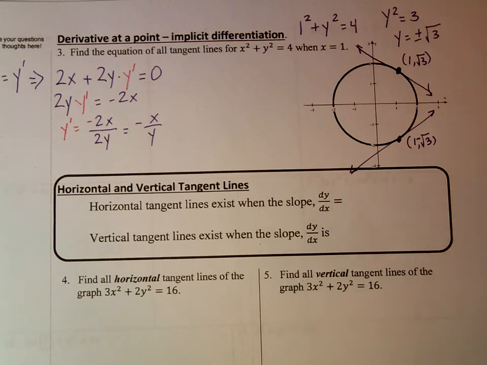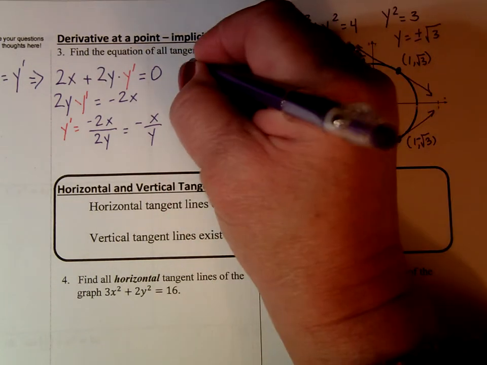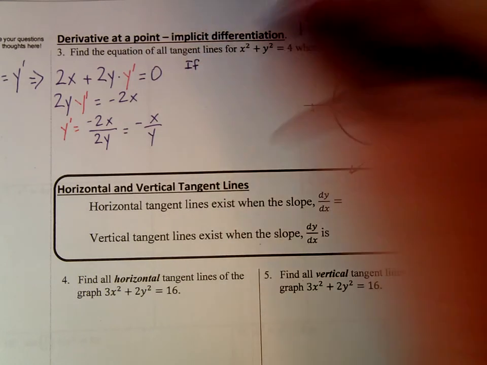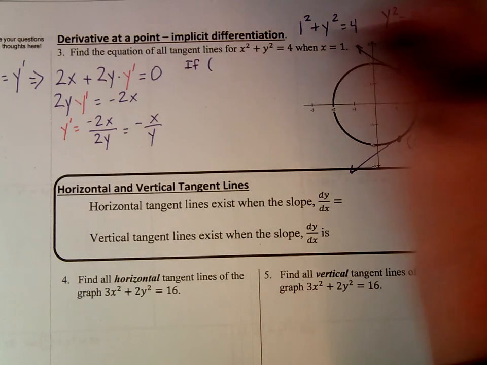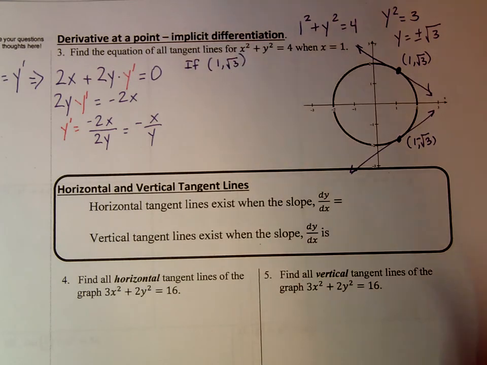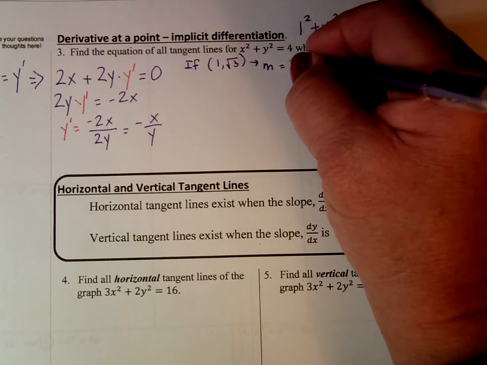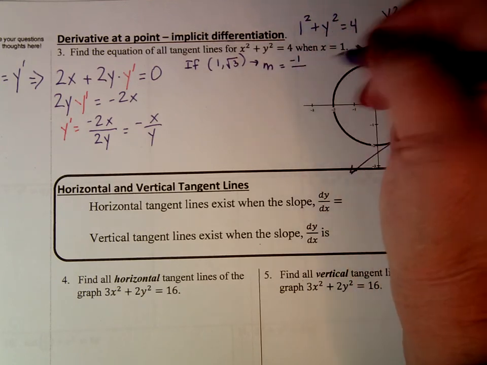So I'm going to go back to my two situations going on, what my slope's going to be. If I'm at the coordinate (1, square root of 3), then my m is going to be negative x over the square root of 3, or negative 1 over the square root of 3.